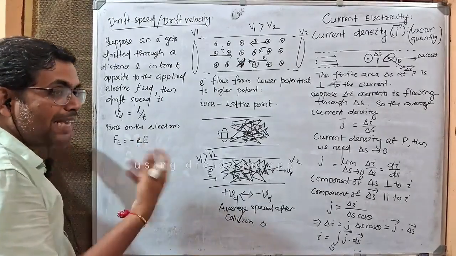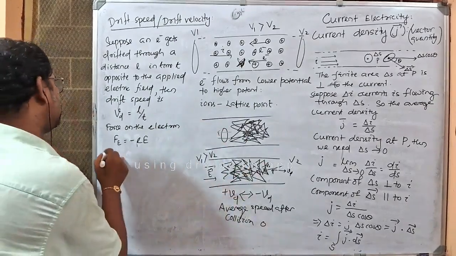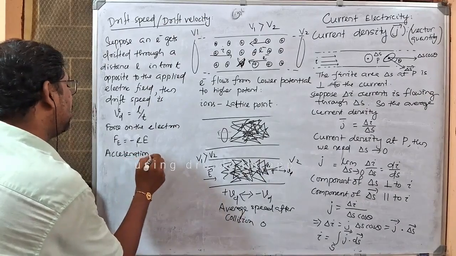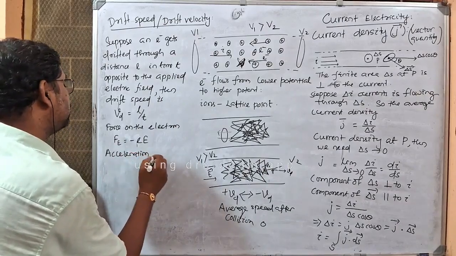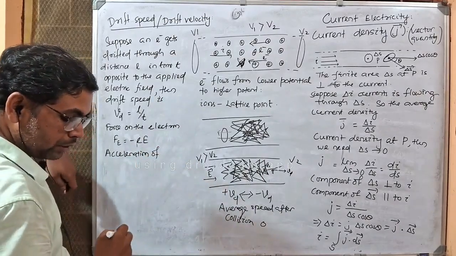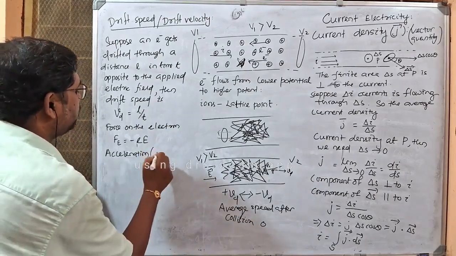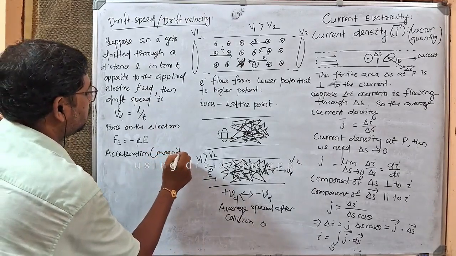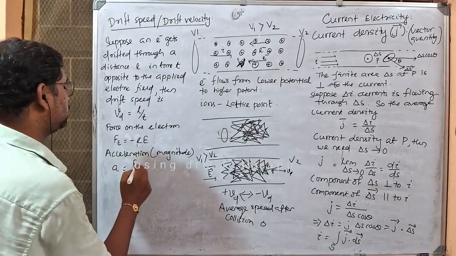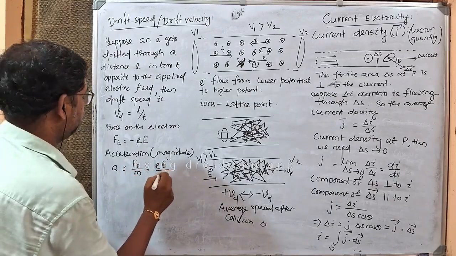I know the force. Then what should be its acceleration? If it experiences force, it should accelerate. Acceleration is force by mass. So the acceleration a of the electron, only magnitude, is equal to force by mass of the electron, that is eE by m.